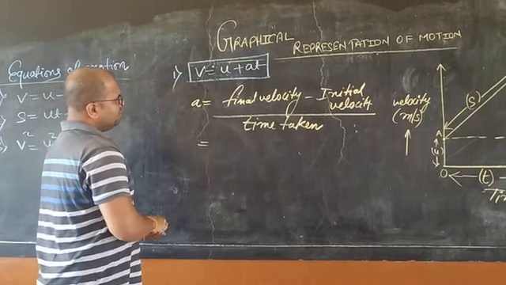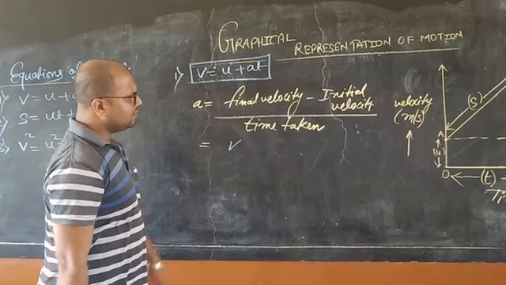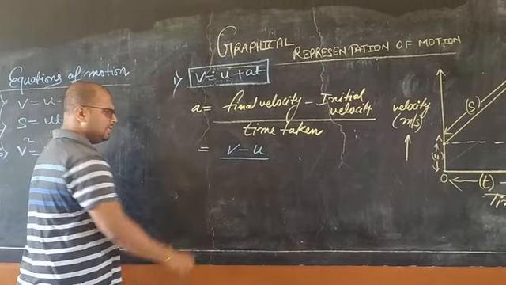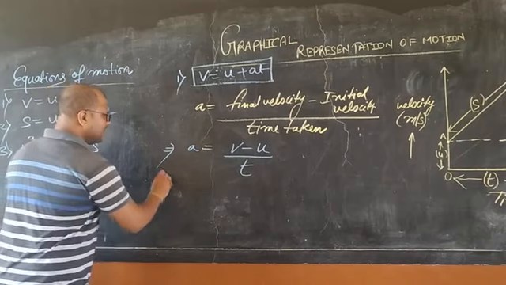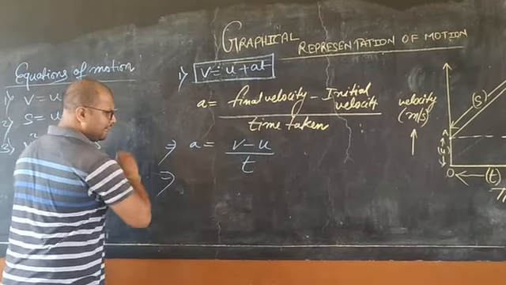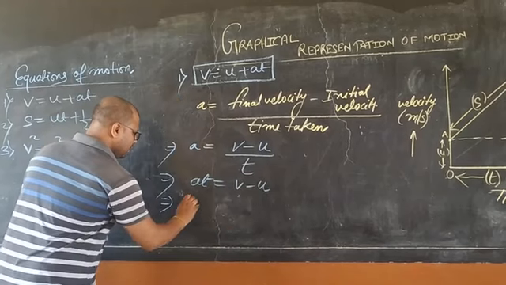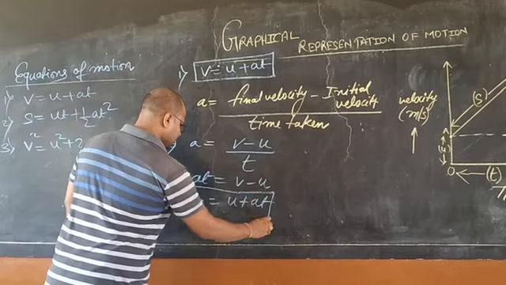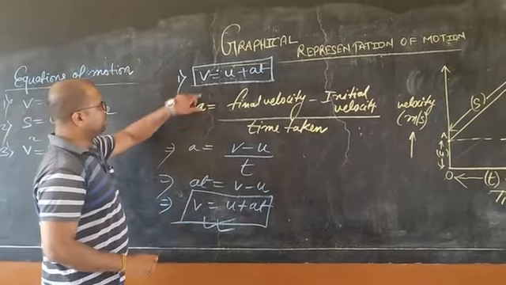A is equal to, final velocity we have taken V, initial velocity is U, and the time taken is T. So A is equal to V minus U by T. Cross multiplication, students: AT is equal to V minus U. So V is equal to U plus AT. The first equation of motion has been derived, you can see.